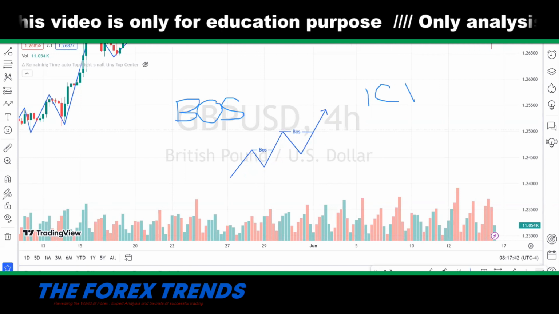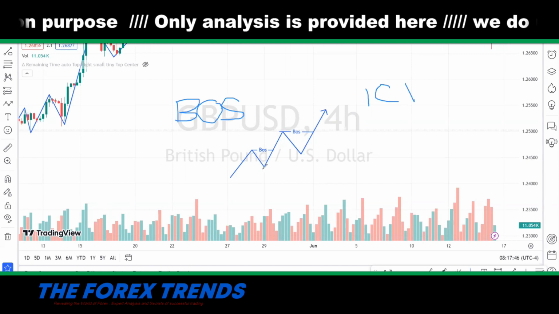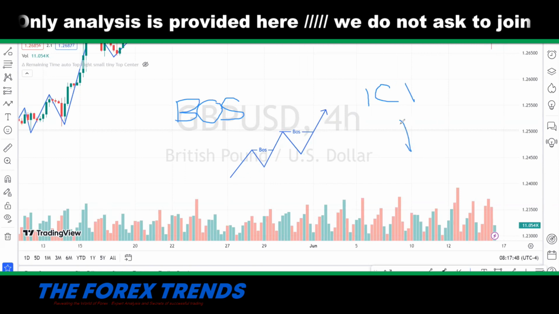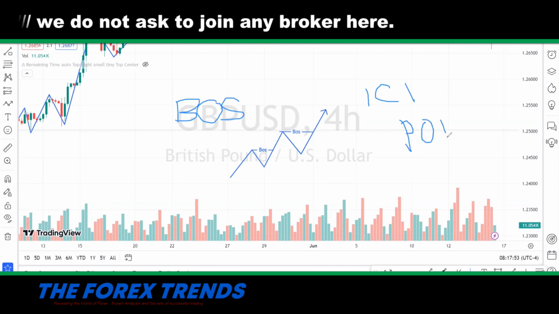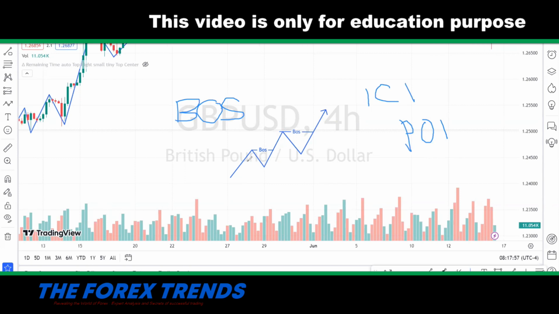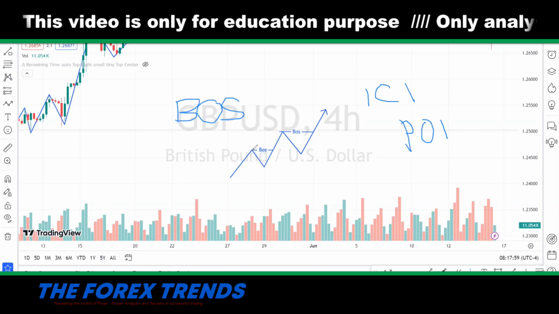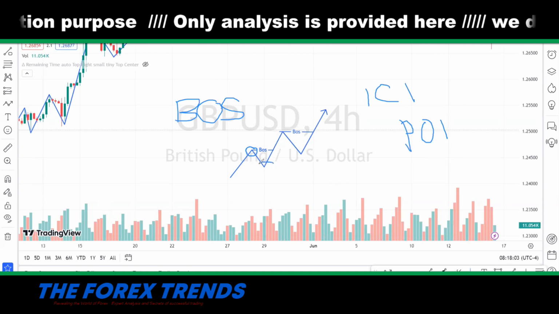Whenever the market creates this kind of structure, we have two points of interest, POI, where we need to join the market in the direction it is moving. The first point of interest is this higher high and the next higher low.